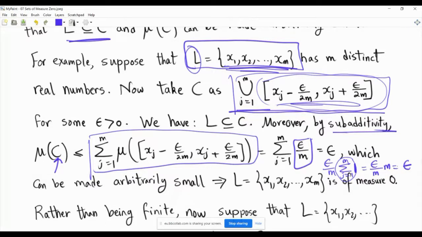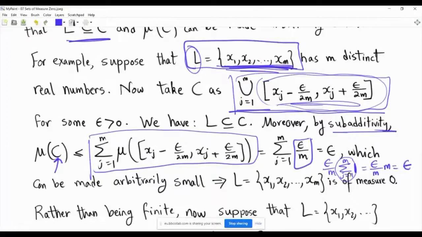So basically set L, which is a set that is composed of m real numbers, can be covered by set C, and the measure of set C can be upper bounded by epsilon. But epsilon is any arbitrary positive number. You can choose epsilon to be 10 to the minus 100 or 10 to the minus trillion.